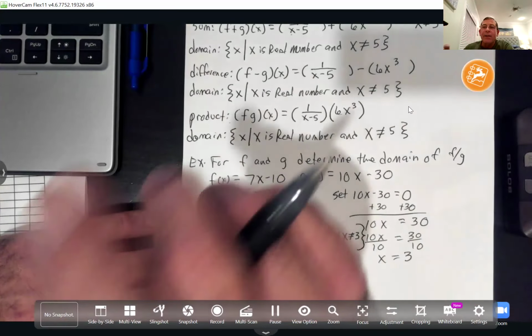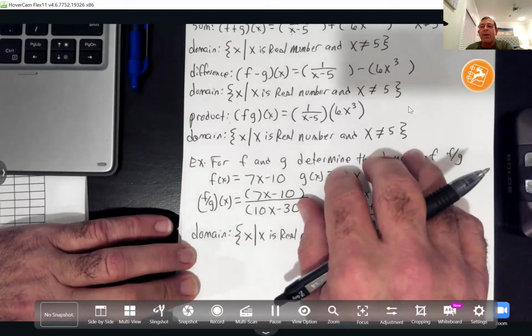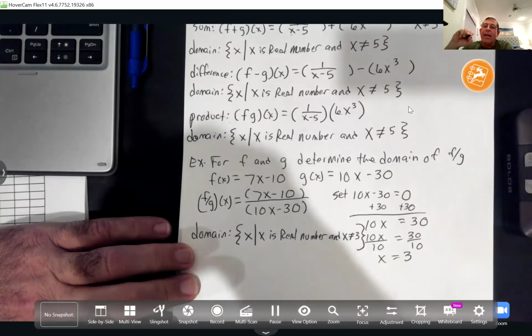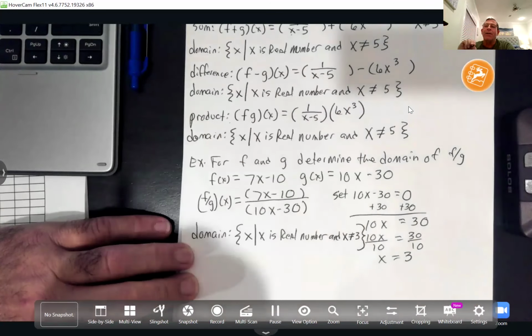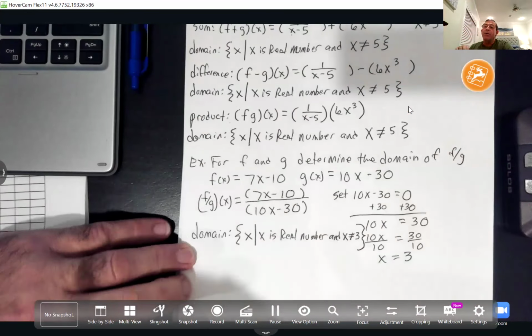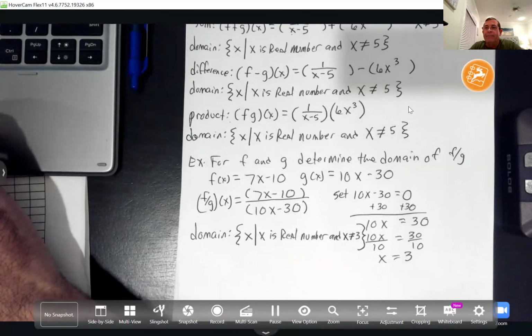Getting you up to date on your foiling, adding like terms. If I give you a number in there for an x, are you able to plug it in there and solve it using your order of operations? Okay, so that's going to be the main thing, those 4 operations for y'all tonight, okay?